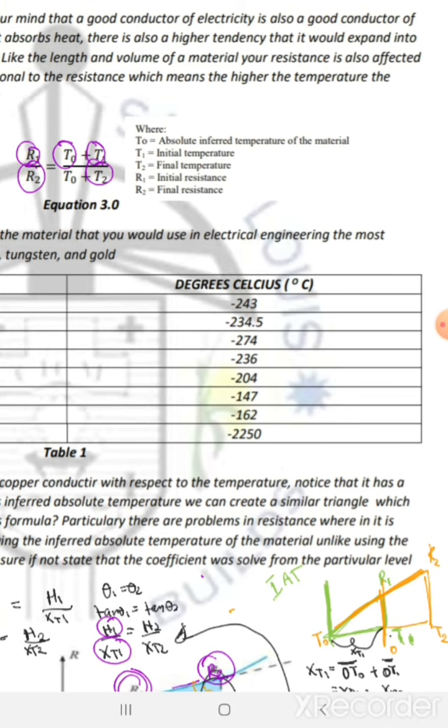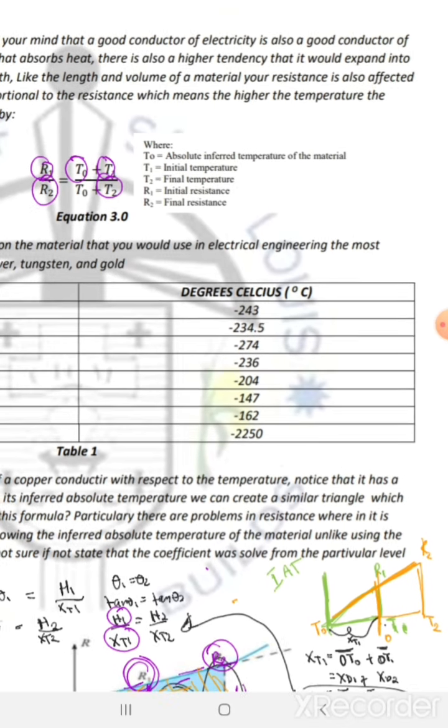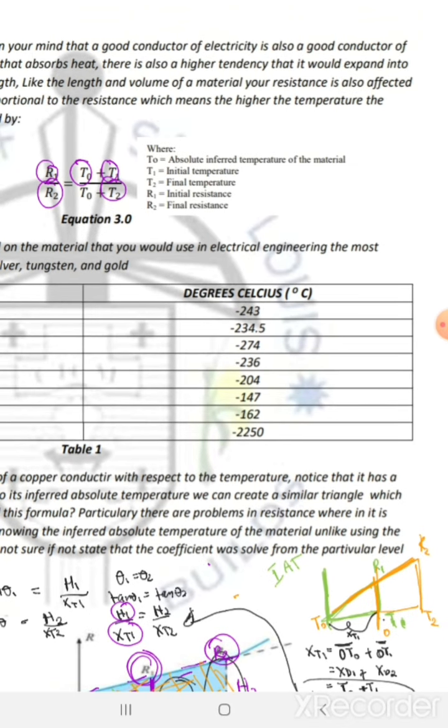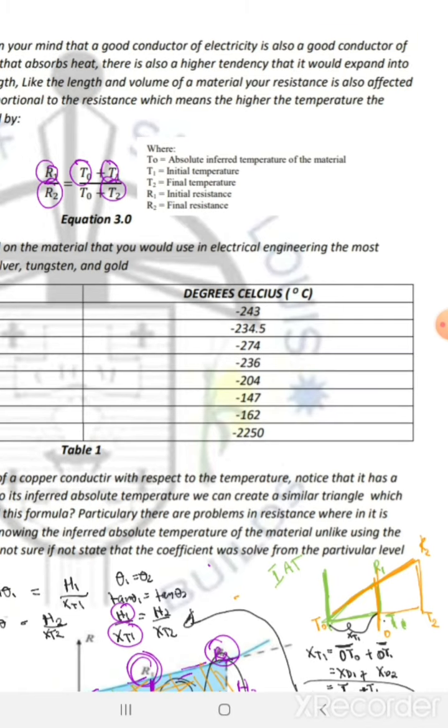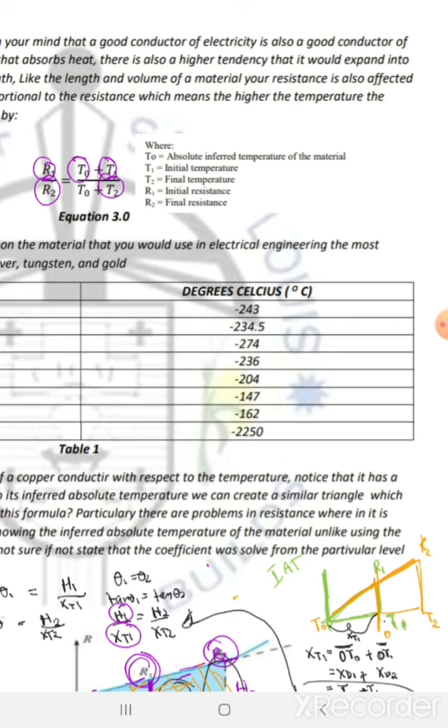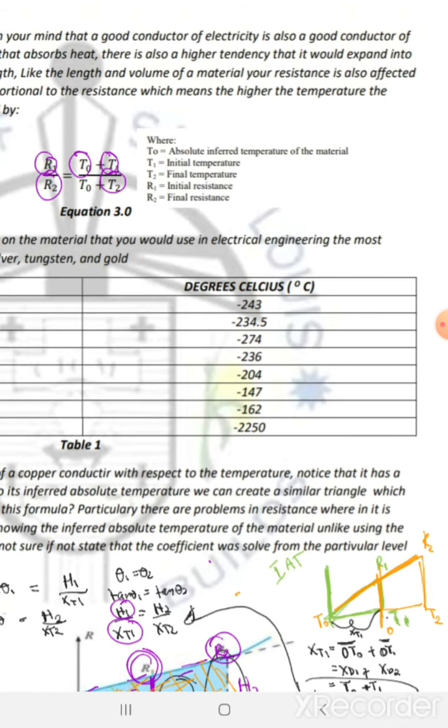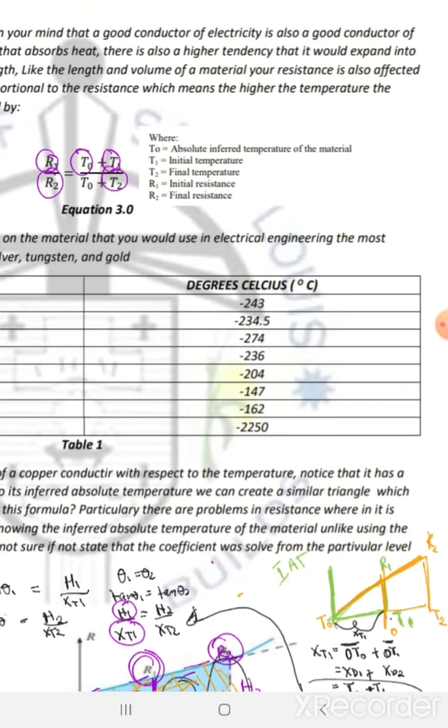It is because your inferred absolute temperature is found at the negative portion of our Cartesian plane. Pero, kumbaga, mas mababa pa rin yung tinatawag nating absolute zero temperature, which is your negative 273 degrees Celsius. Okay?